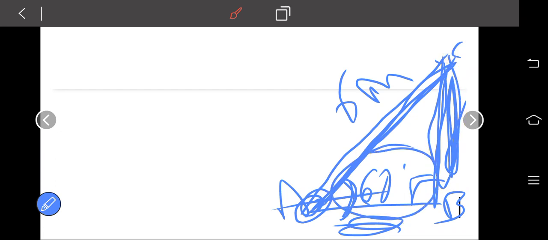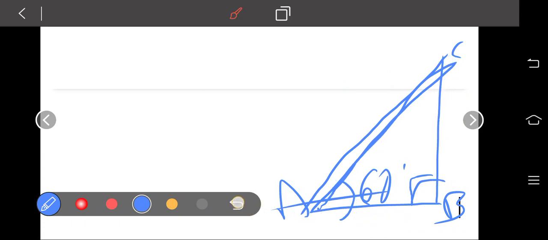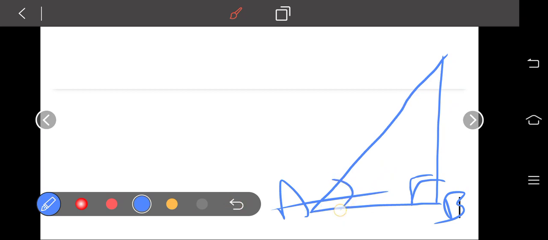See, in any triangle, if they give you two values and ask you to find something, you have to keep one thing in mind: first, which side length did they give; second, what are they asking; and third, by using those two, which trigonometric ratio is there.